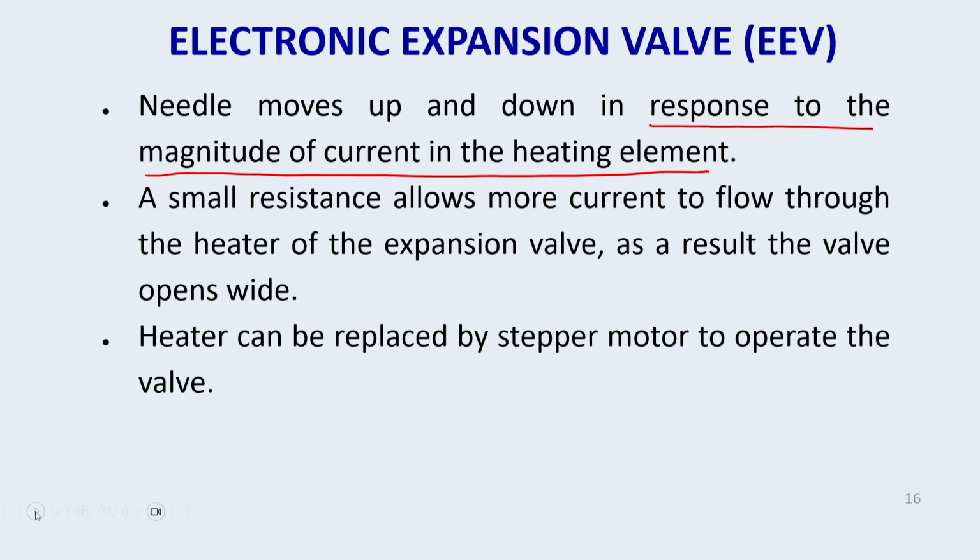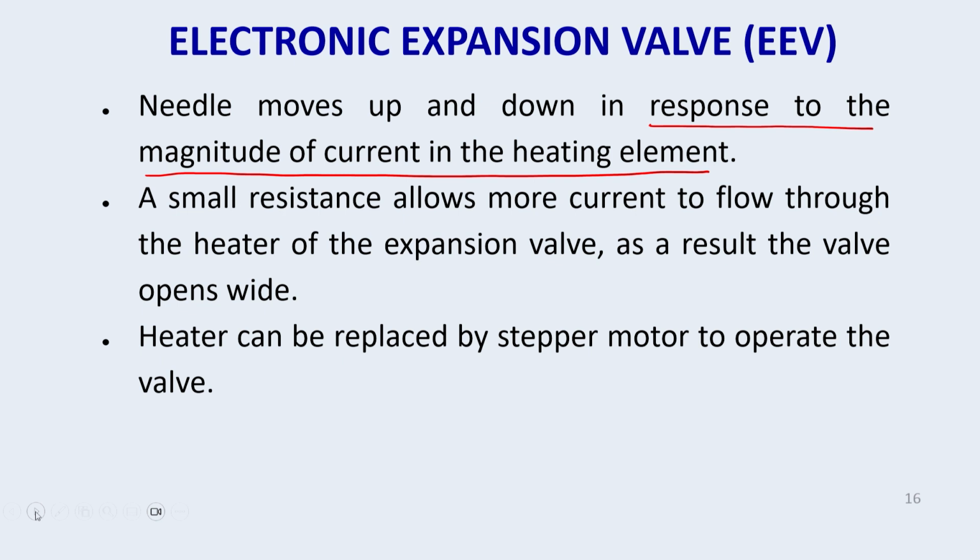Let us see the salient features of the electronic expansion valve. As I said before, there is a needle which moves up and down. The needle moves up and down in response to the magnitude of the current in the heating element. A small resistance allows more current to flow through the heater of the expansion valve.